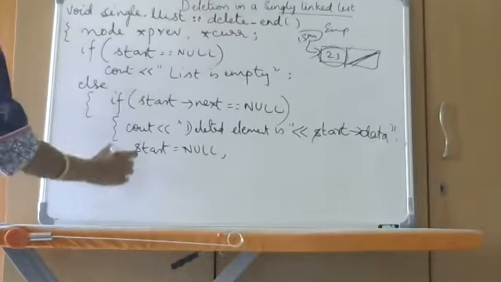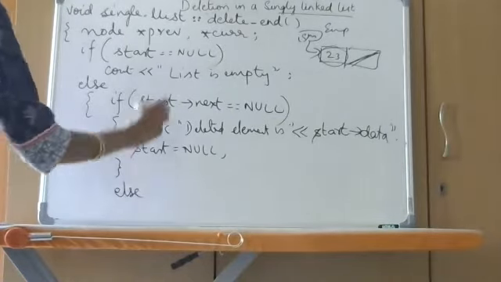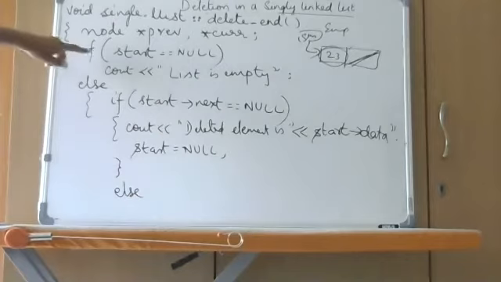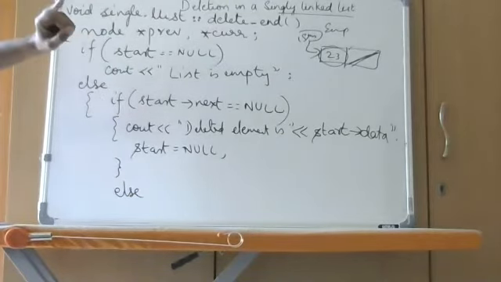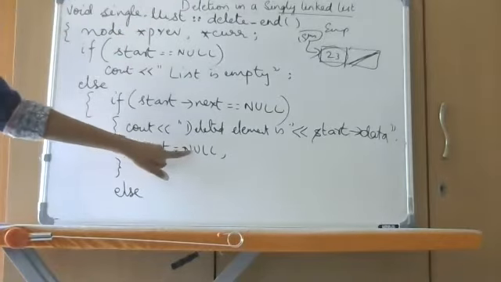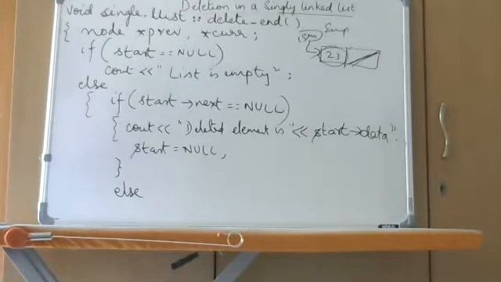Next, what is the next condition? We have checked already for two conditions. One, linked list is empty. Second, I have only one element in the list and that I have deleted, so I have set start is equal to null.